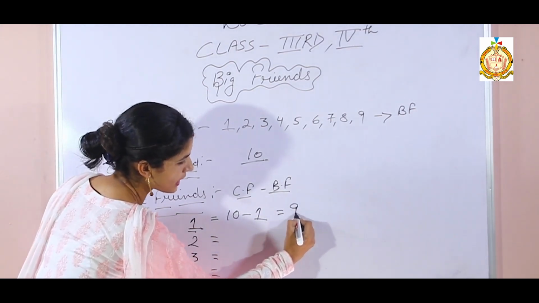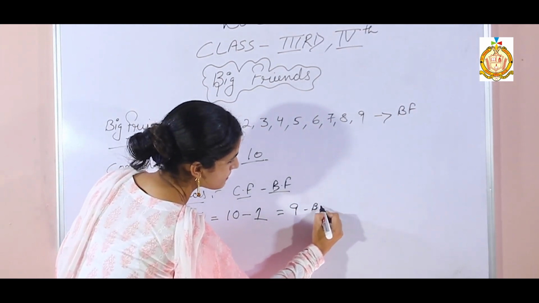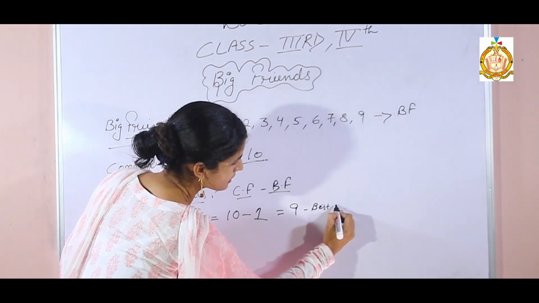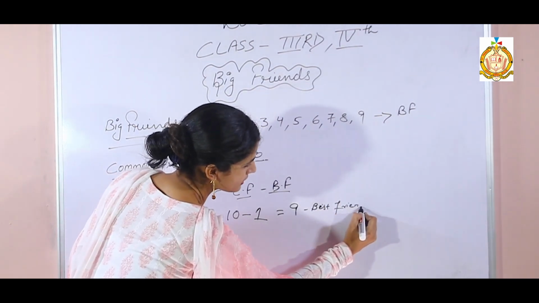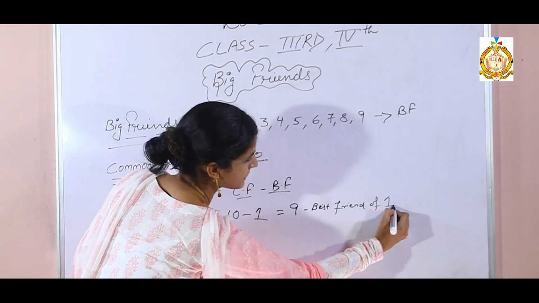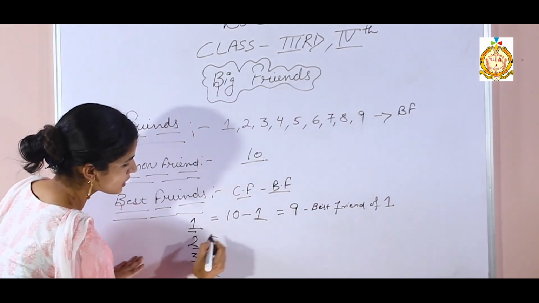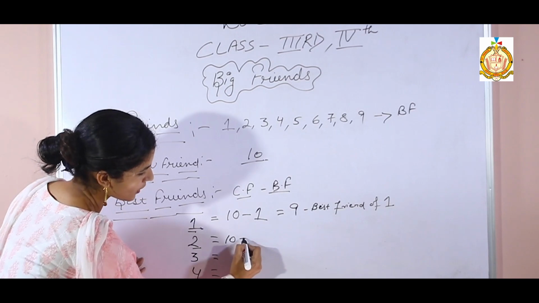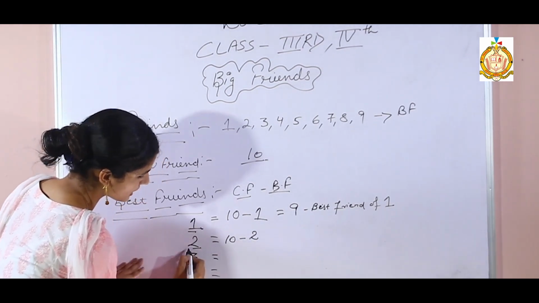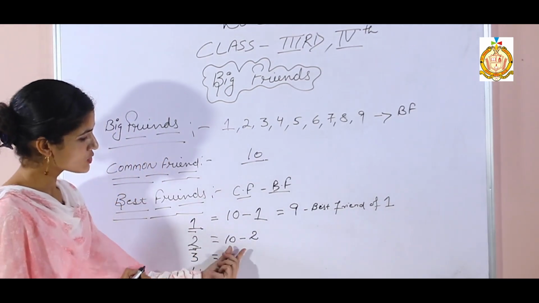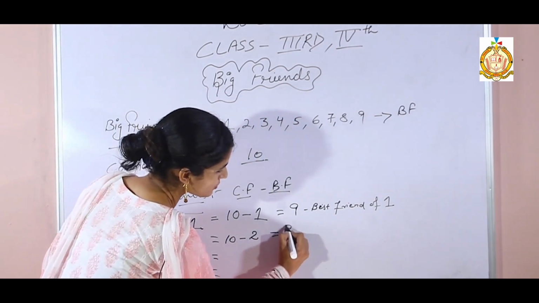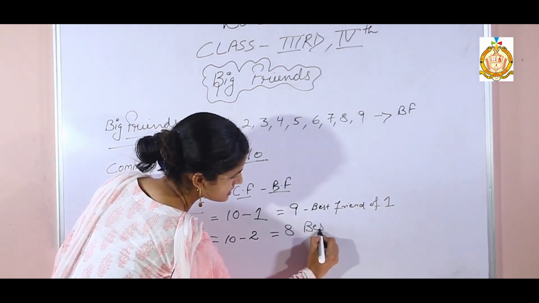So what is the answer? 9. 9 is the best friend of 1. So next number is 2. Best friend of 2: from the common friend we have to subtract the big friend. Here big friend is 2, so 10 minus 2 is 8. So best friend of 2 is 8.